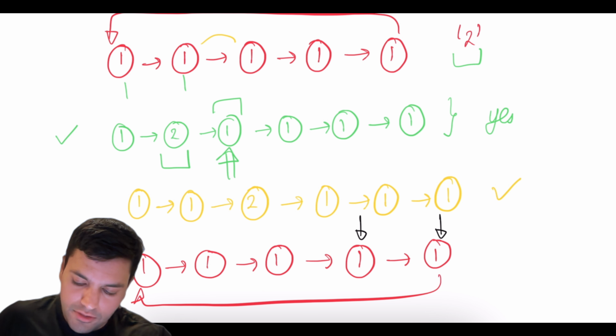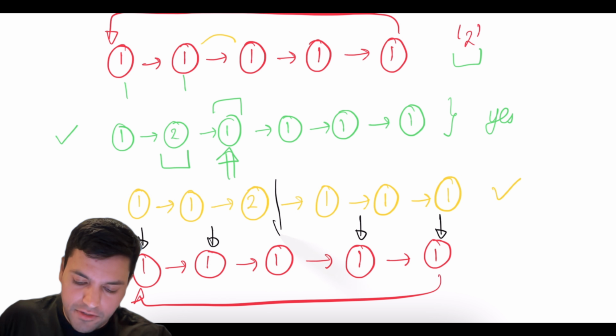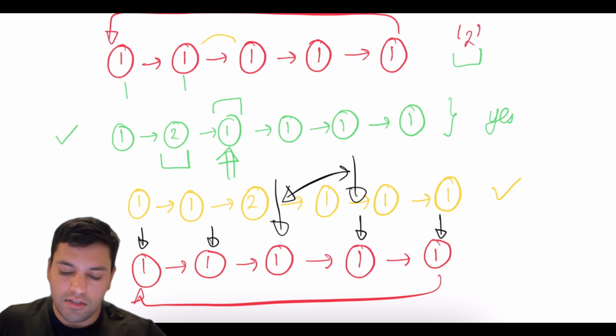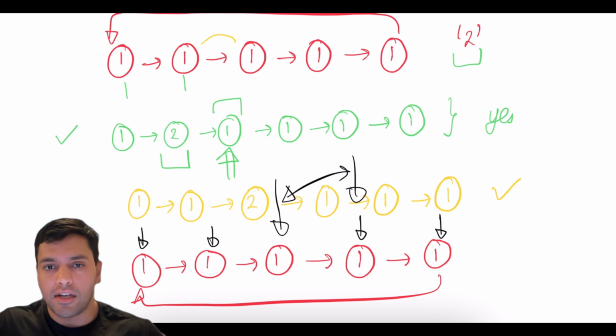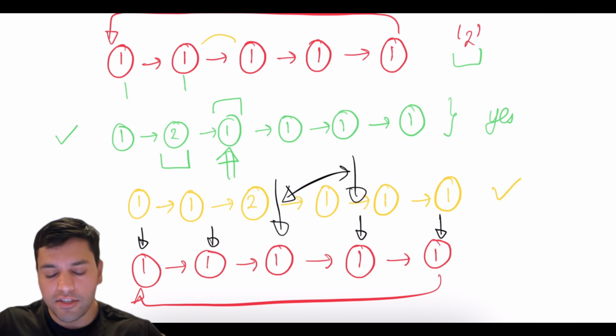And what if my current is here and next is here? Then also I can insert my node 2. And what if my current is here and my next is here? I can insert my node 2 in between current and next. So here we don't really need to find current and next. We can simply insert our node in between any 2 current and next. As long as next is equal to current.next, we can insert our value there.